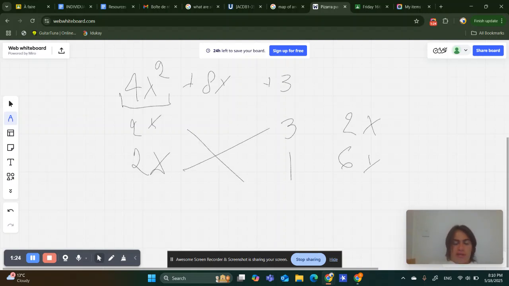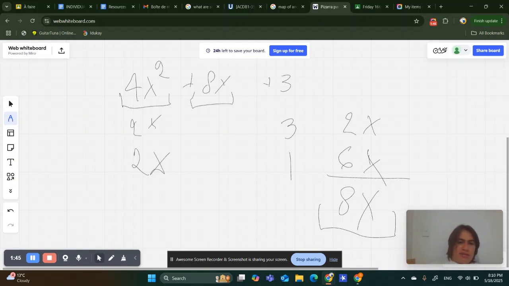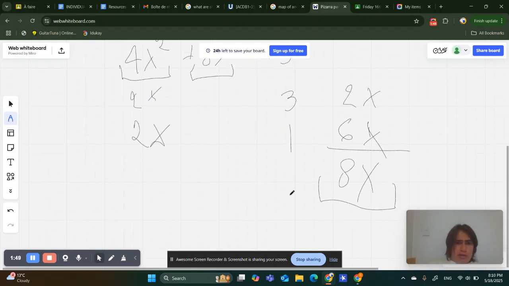It's as simple as this, really. Now we add the results, and we get 8x. And this is how we know we're correct. In this case, 8x is the middle term. And if this happens, we know we used the right numbers, and these are the right equations.